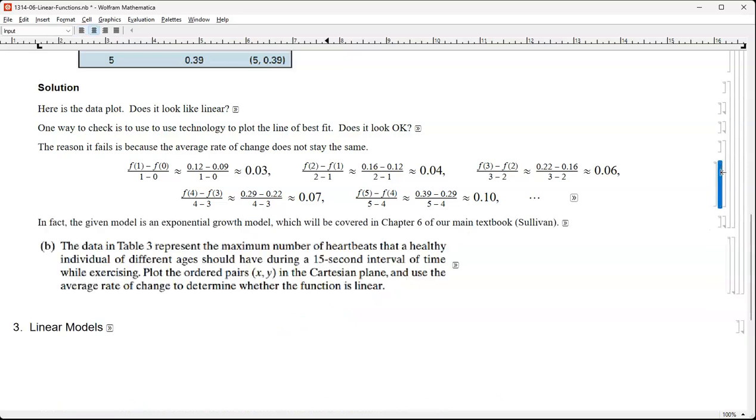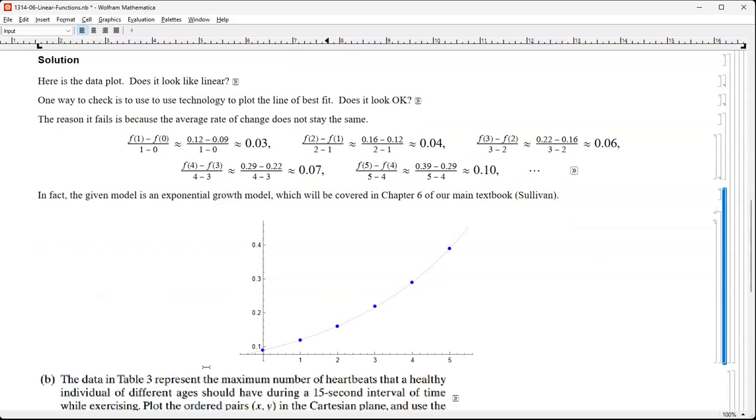As a matter of fact, it turns out this is an exponential model. And instead of a line of best fit, we can get an exponential fit. And that's something we're going to discuss in chapter 6 in our textbook. So in terms of our lesson, probably lesson 13 when we discuss exponential modeling.